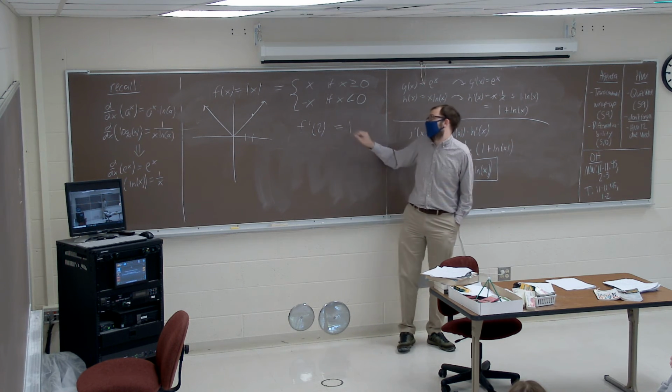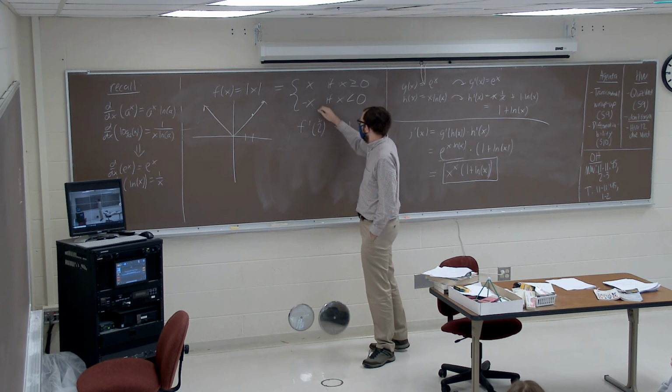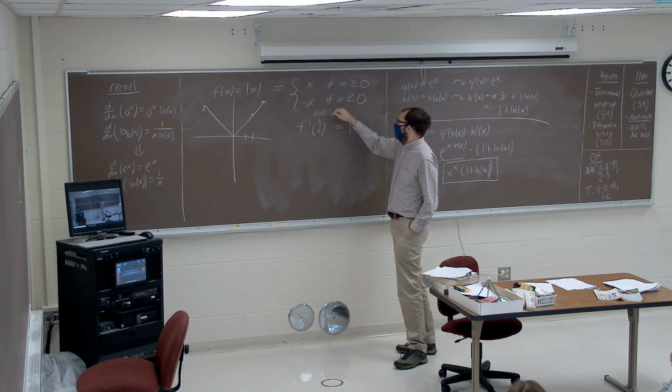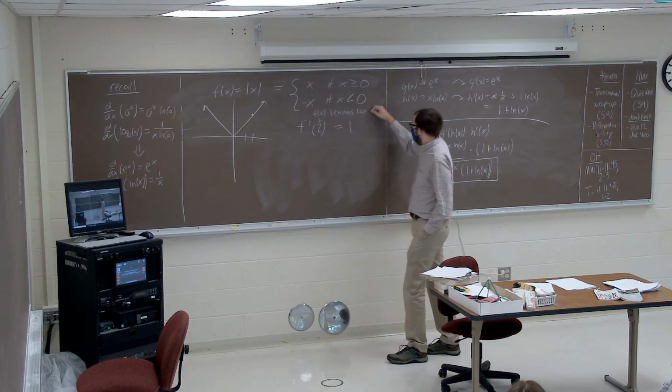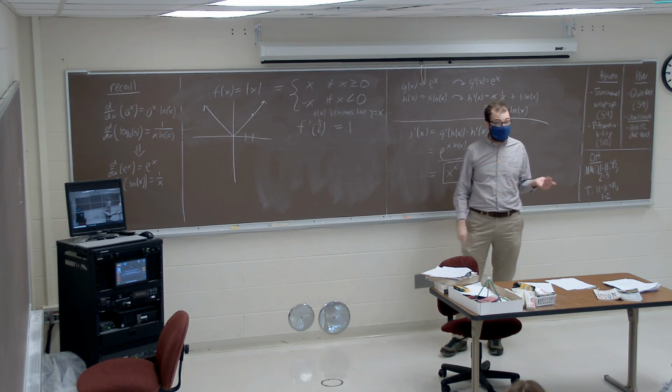I think it's going to be 1, since at x equals 2, we could say that f of x behaves like y equals x, according to our piecewise function.